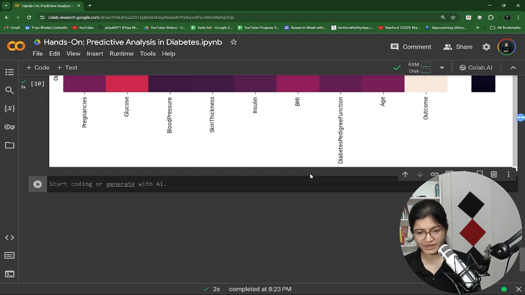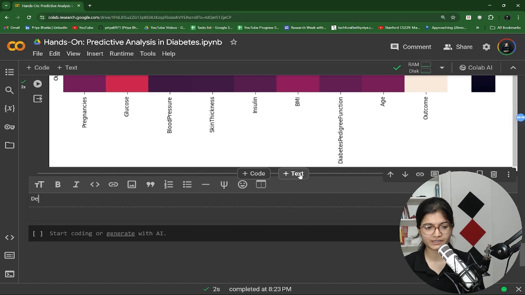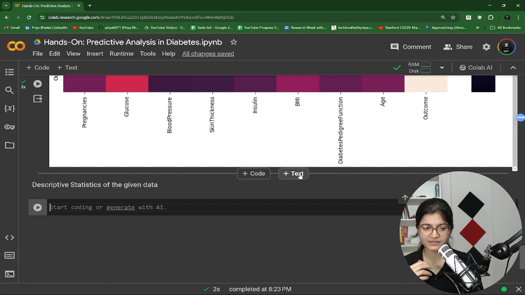Now, another important thing which you should be aware of is the descriptive statistics of the given data. This is also very important because it helps us understand what the mean is, the standard deviation, the median, the 75 percentile, the 25 percentile, the count, whether there are any missing values or not, the minimum value, the maximum value, everything within one go.